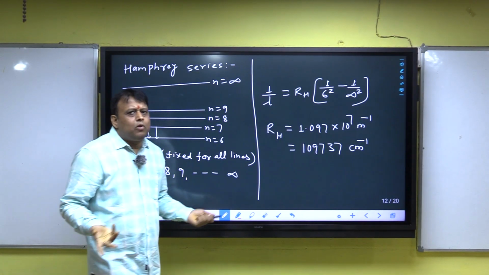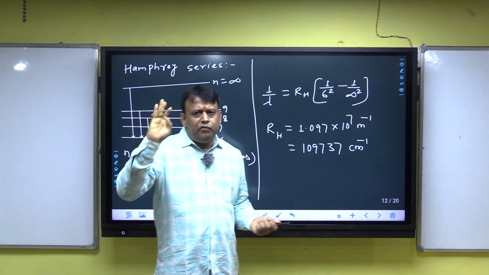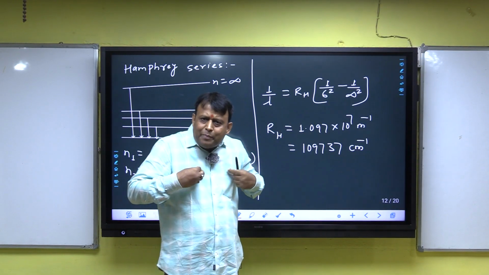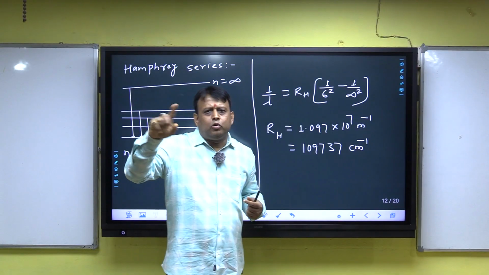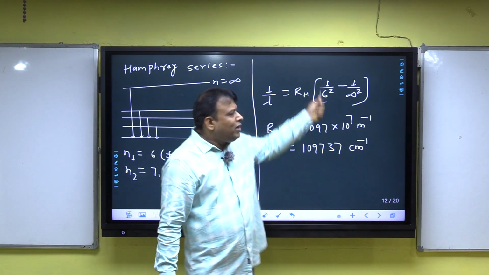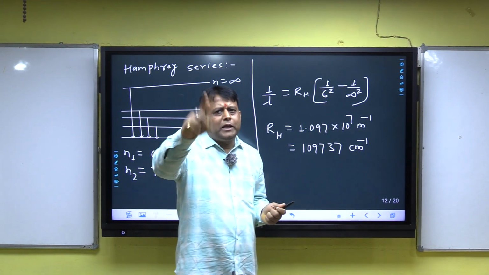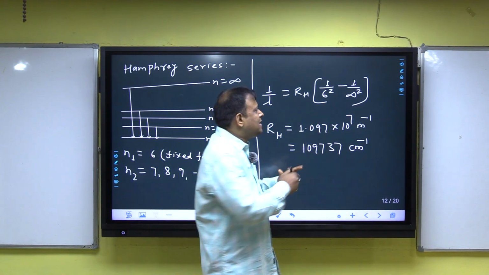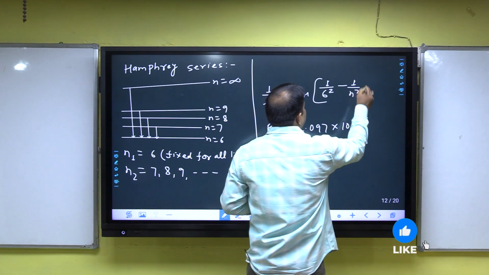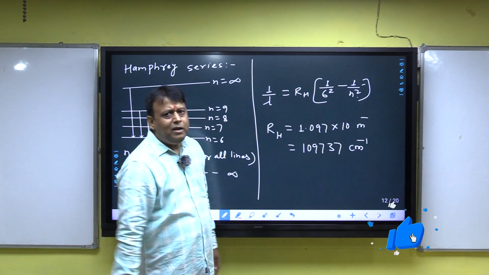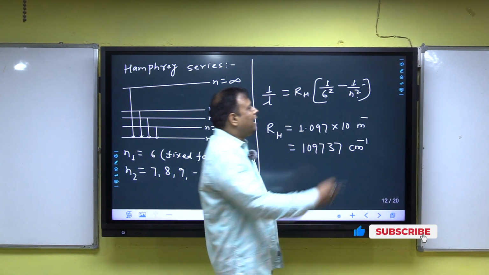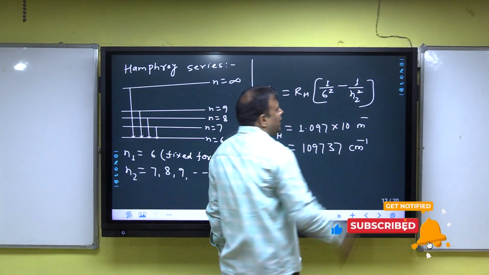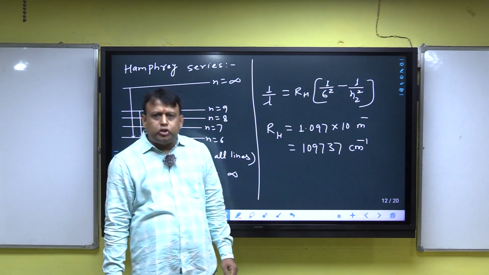By using the Rydberg equation, we can calculate wavelength, frequency, wave number: 1 by lambda equals RH. We know the value of RH is 1.097 into 10 to the power 7 per meter, times 1 by n1 square. N1 is fixed, and for Humphreys n1 is 6, so 1 by 6 square minus 1 by n2 square, and n2 depends upon the question.